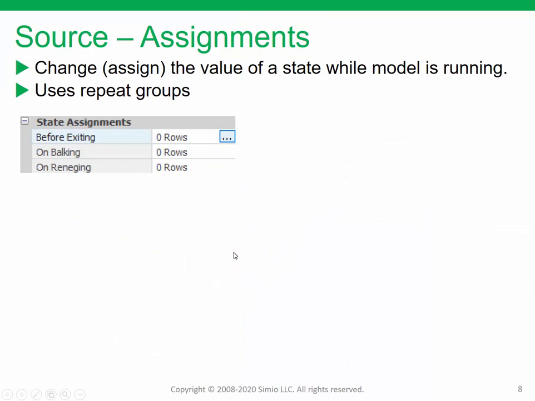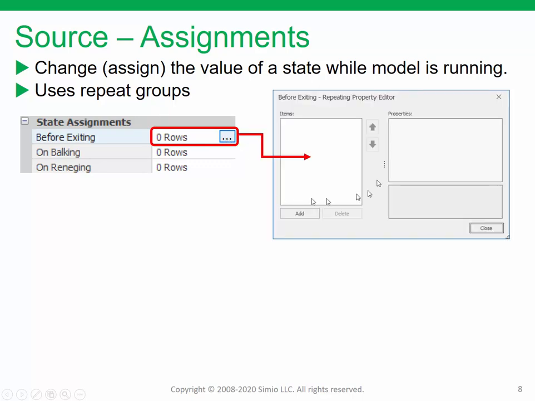Okay, so again, what are state assignments? A state assignment lets me assign a value to either an entity or a model state. You can see we have the three dots, and that's indicative of bringing up a repeat group editor. So when I click on the three dots, it brings up the repeat group editor, and we have no state assignments so far.